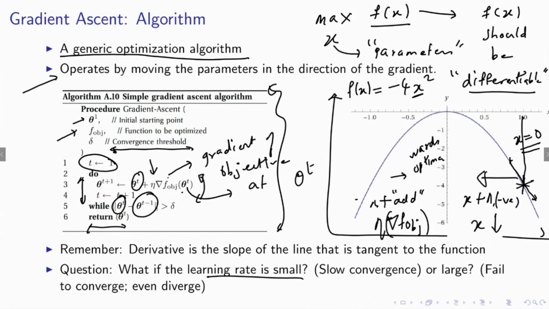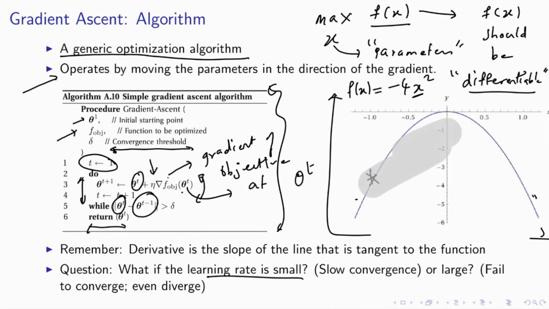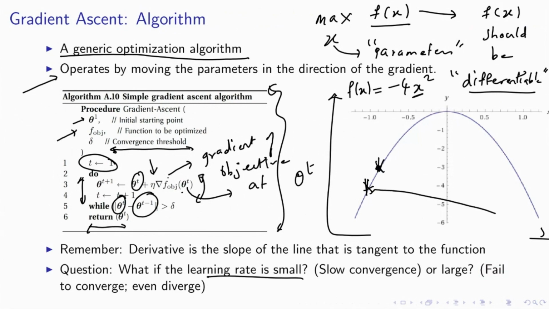For instance, let's say you started at that point. If eta is very large and you move in the direction of the gradient, let me erase these drawings. The gradient was positive at that point, and if I set my eta too large, instead of reaching another point x which is over there, I might overshoot and reach a point somewhere over there.